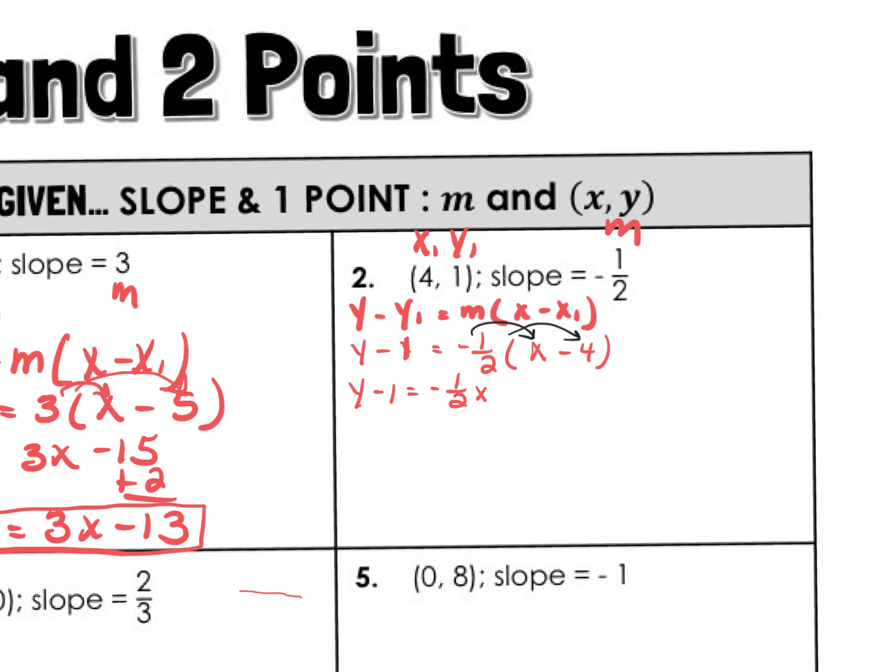Negative 1/2 times negative 4 is positive 2. We're going to get y by itself. We're going to add 1 to both sides. This cancels. Y equals negative 1/2 x plus 3. And that is our equation.